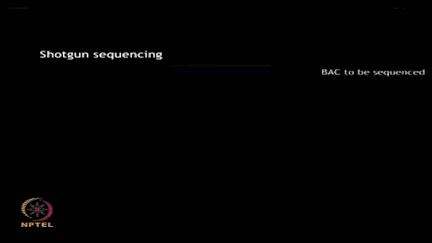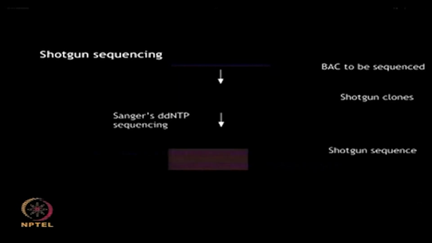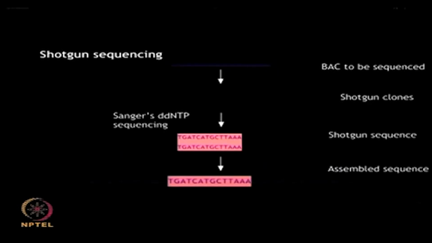The selected BAC is amplified and these clones are sequenced using Sanger's chain termination method. The sequence of the clone is then deduced by aligning them based on their overlapping regions. The entire genomic sequence is then obtained once each BAC is sequenced in this manner.